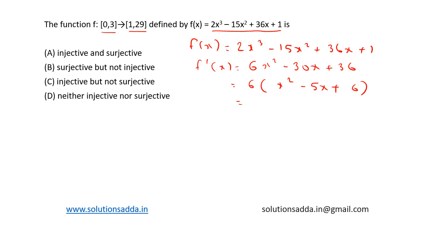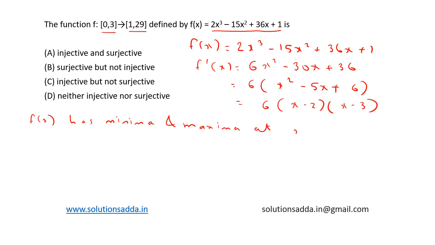This can be again rewritten as 6 into x minus 2 into x minus 3. These are the factors. Now f of x has minima and maxima at x equal to 3 and 2 respectively.